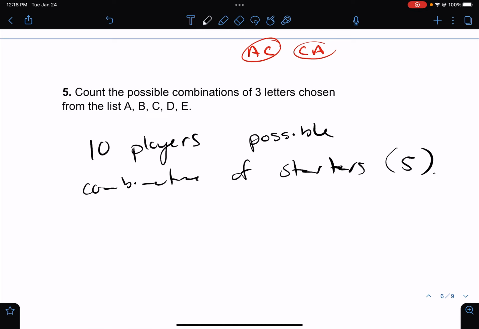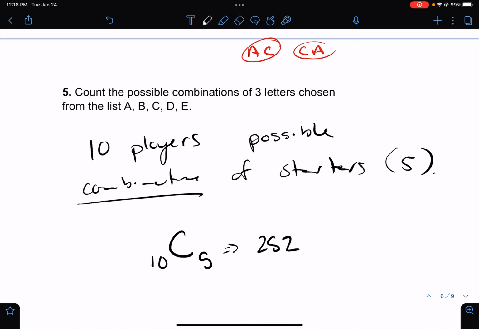They're both in the same group of people, right? So it's going to be a C problem, and I'm picking out of 10 players, and I'm choosing 5 starters. So if I plug that in my calculator, 10 NCR 5, I get 252 different starting lineups that I could get, okay?